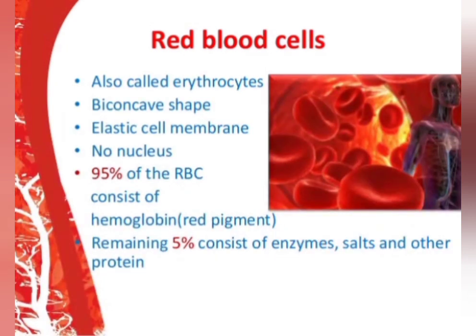And 95% of the RBC consists of hemoglobin, which is a red pigment. Because of this hemoglobin, the color of the blood is red. The remaining 5% has enzymes, salts, and other proteins. So the major portion of RBC is hemoglobin, and because of this hemoglobin the color of the blood is red.